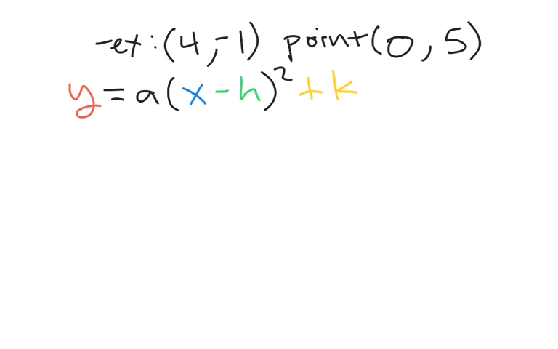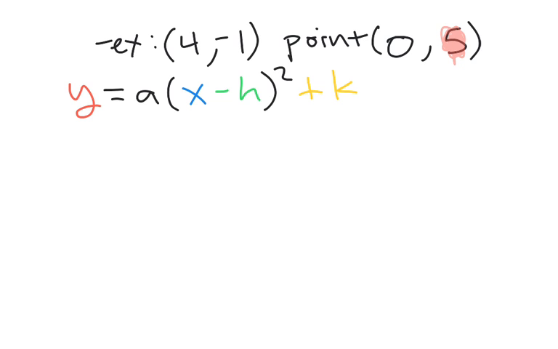So let's start logically color coding these things. I know that my vertex is always H and K, and I know that this rando point is just a point on the parabola. It can be literally anywhere that isn't the vertex, and it will still be useful. Basically, you have 2 points of reference. So I'm going to substitute in: my y is going to be the y coordinate for this point, so it's going to be the red guy.